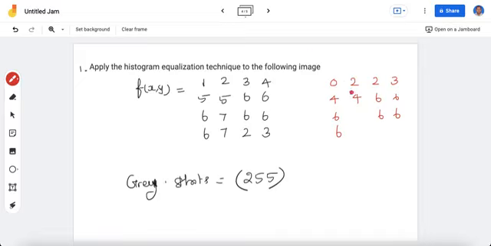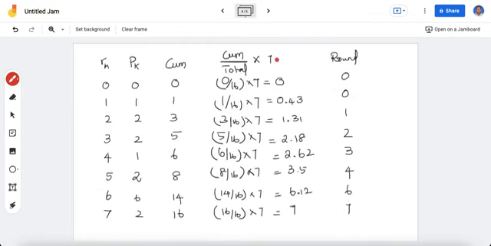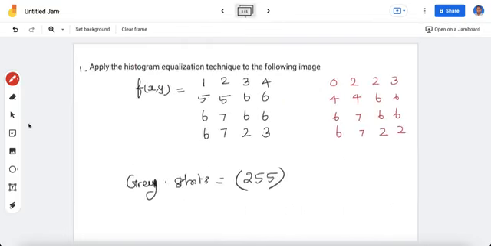2 to be replaced by 2. So this 2 remains 2. Right? 7 to be replaced by 7. So this remains 7. And 3 to be replaced by 2, and this will be 2. Right? Am I right? Sorry, 2 to be replaced by 1. So this I need to replace by 1.